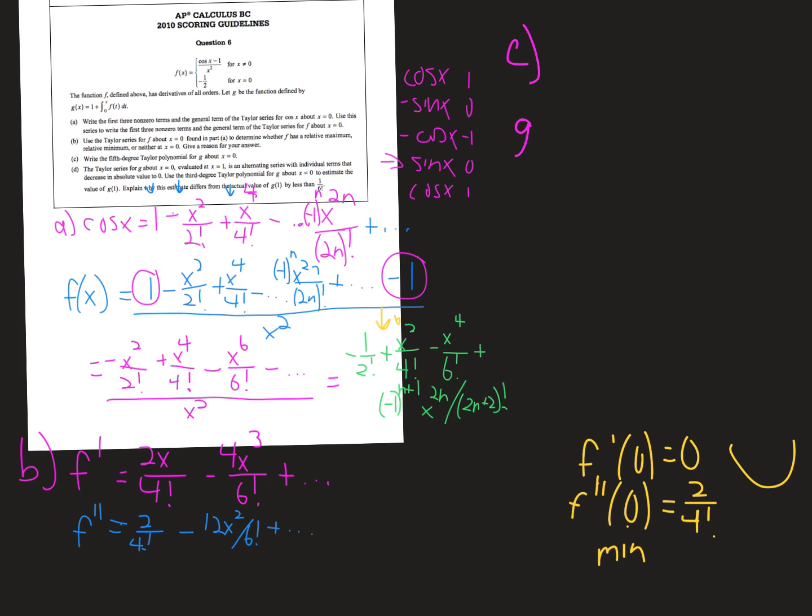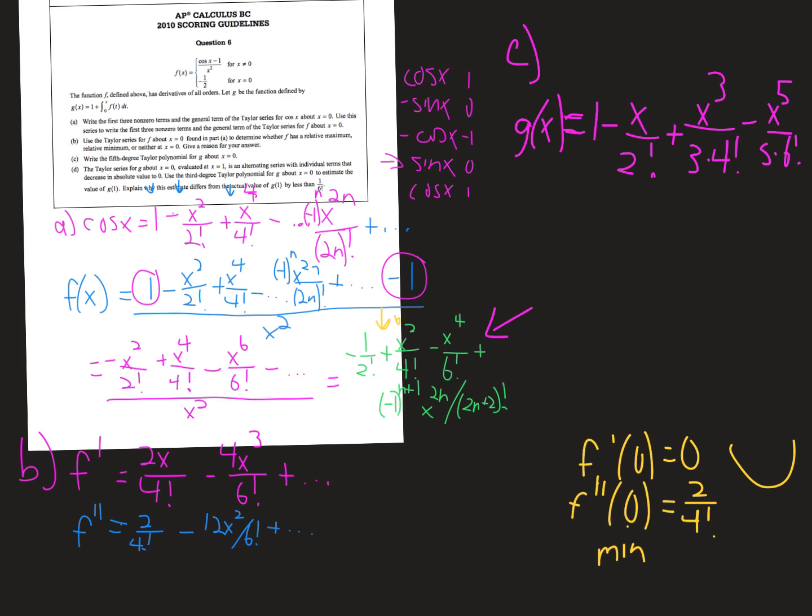So g is going to be 1 minus x over 2 factorial plus x cubed over 3 times 4 factorial, and then minus x to the 5th over 5 times 6 factorial. That's it. So this is an approximation because it's the 5th degree polynomial. All I did was integrate term by term the green right there.